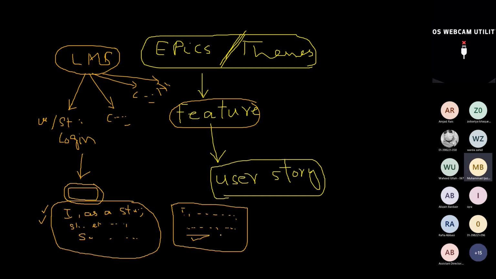Similarly, I as a user shall have a forgot password option when this happens. If I as a student log in successfully, I shall be able to open or have access to these things and so on.